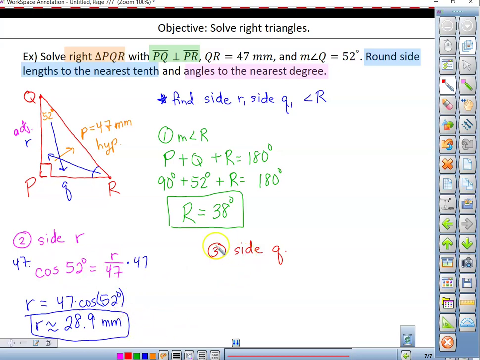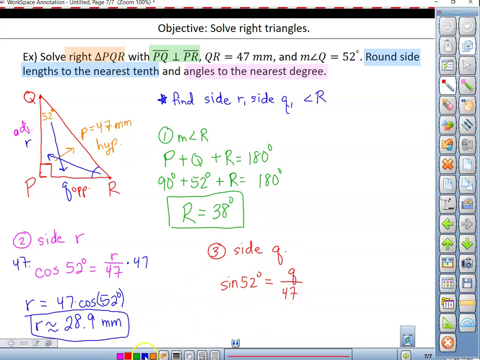But this time, if I want to find side Q, side Q is across from or opposite to my angle Q that I've been using. So that means I have a ratio of opposite over hypotenuse, which is my sine ratio. So best practice to make sure we get the most accurate answer would be to say the sine of that 52 degrees would be the ratio of side Q over the hypotenuse of 47 millimeters.